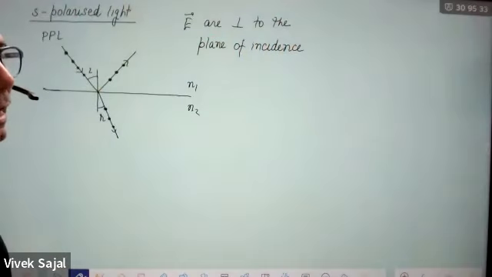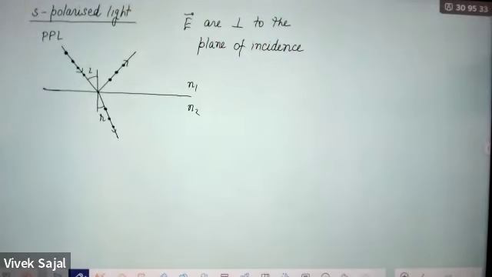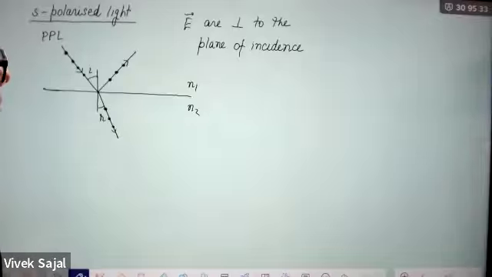You can write: s-polarized light is a plane polarized light whose electric vectors are perpendicular to the plane of incidence.